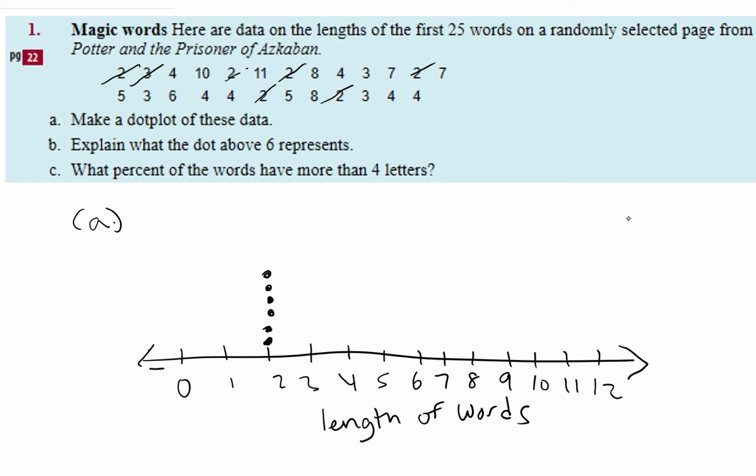There's 4 threes. Looks like there should be about 6 fours. 1, 2, 3, 4, 5, 6. We have 2 fives. 1, 2.